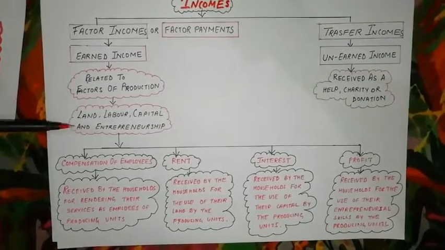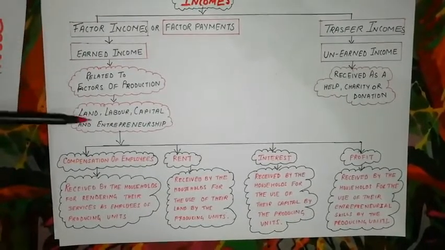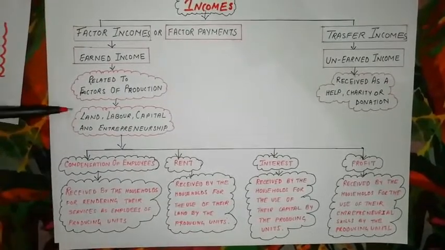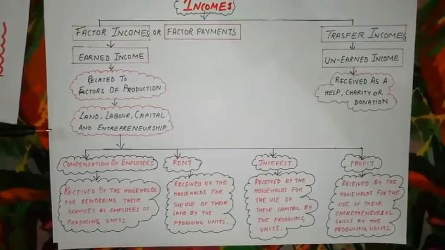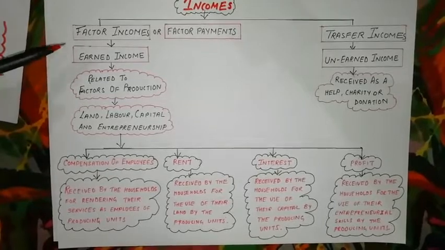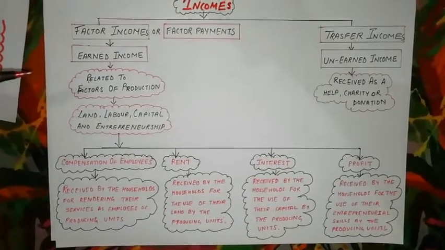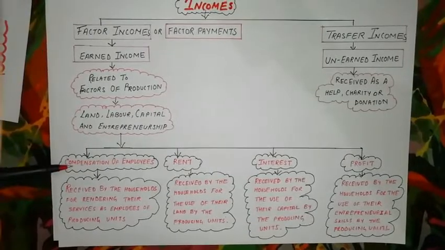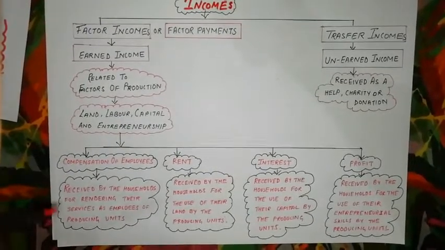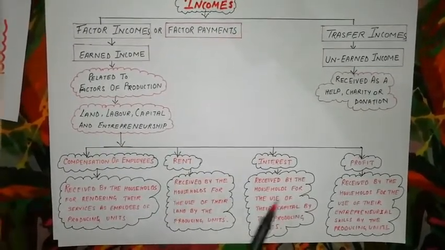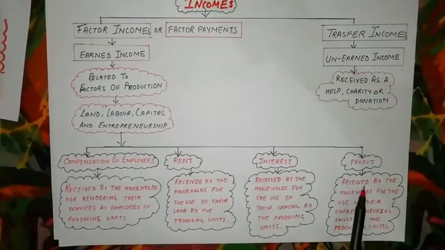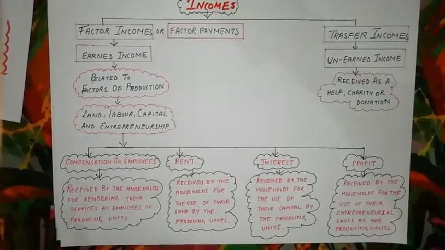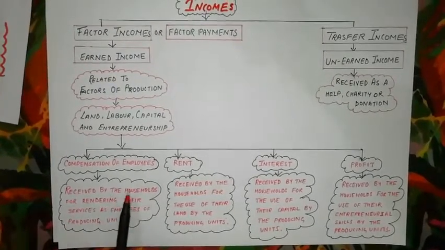Now this factor income is further divided into four parts on the basis of factors of production, right? This factor income is also known as factor payments. What is the category here? First is the compensation of employees, second is rent, third is interest and the fourth one is profit. As far as compensation is concerned, it's received by the households.